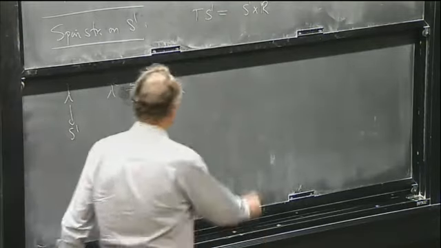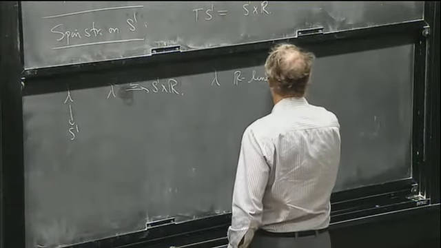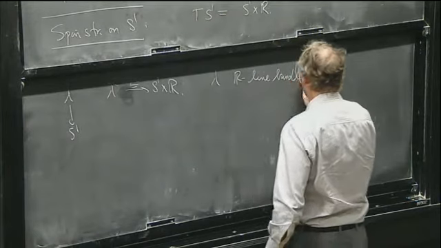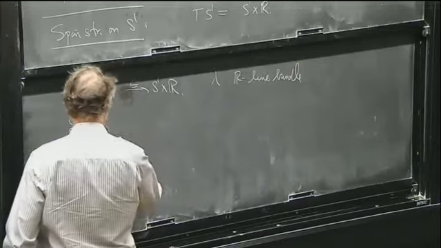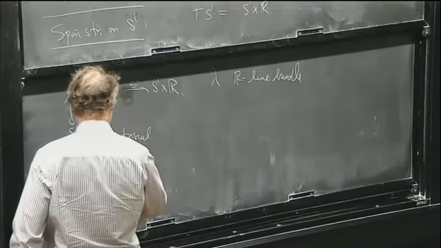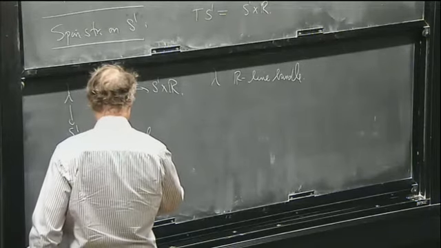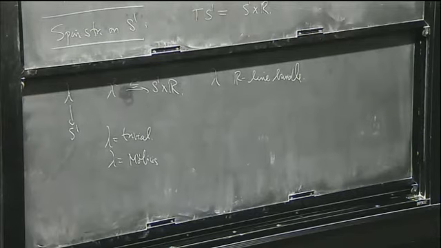Lambda is a real line bundle. Well, there are two of them, as we said there should be. We could have lambda trivial, or lambda the Möbius band, total space of the Möbius band. Those are the two spin structures.